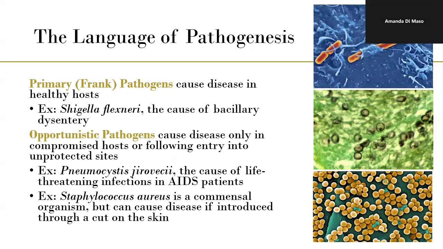So these opportunistic pathogens are pathogens of opportunity. They will live on you or in you, and then they see their opening and they're like, haha, I'm going to attack now. So with this, things like Pneumocystis jirovecii, that's this guy right here inside the cyst.